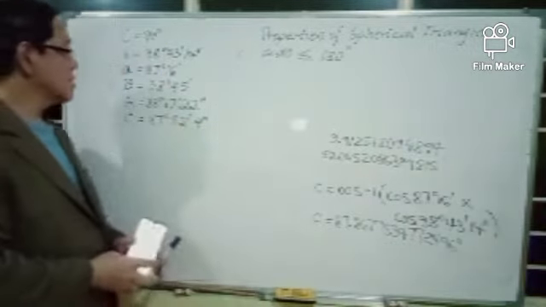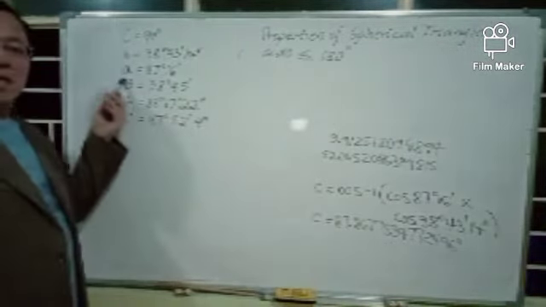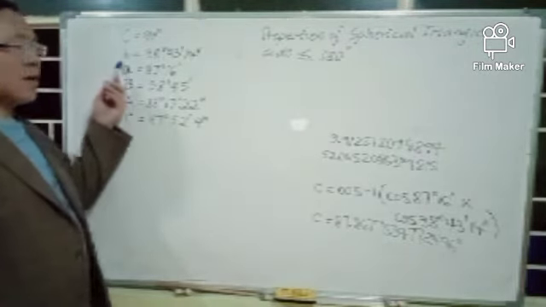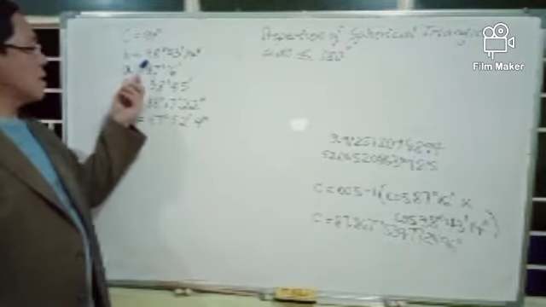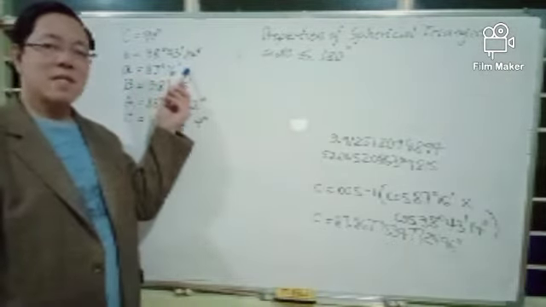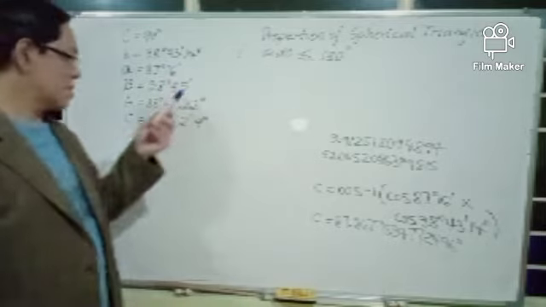Now we check. Small a is given and it's less than 180 degrees. We found small b, and its value, 38 degrees 43 minutes 14 seconds, is less than 180 degrees.